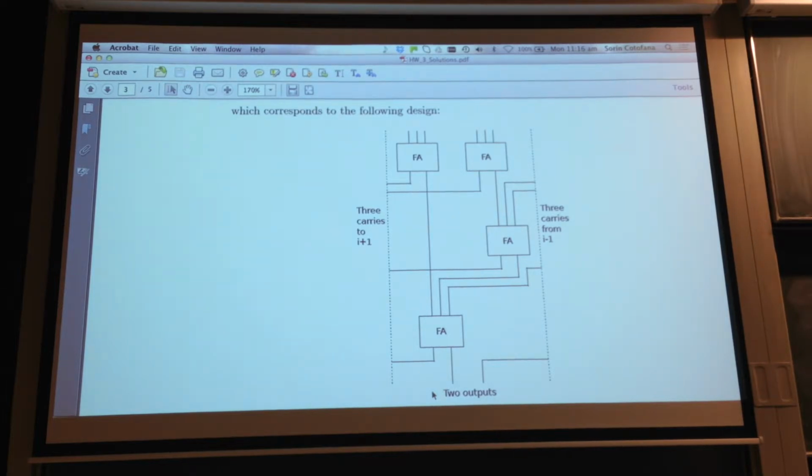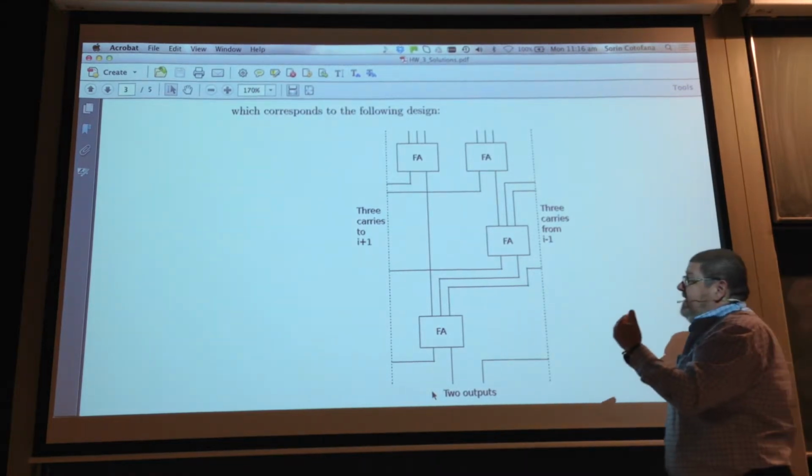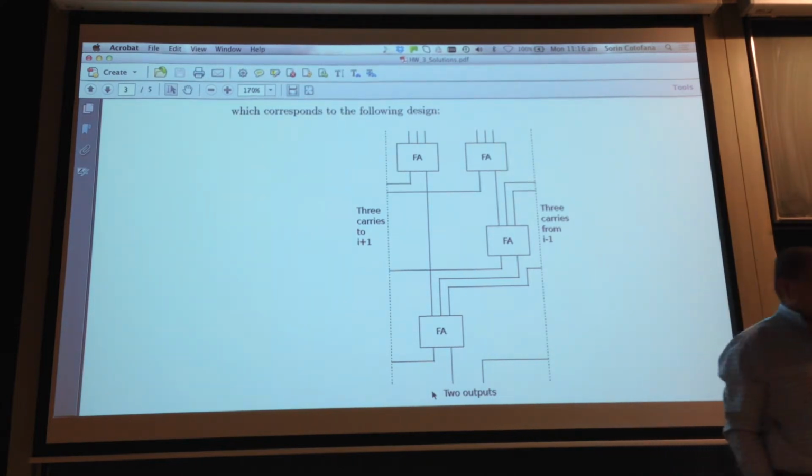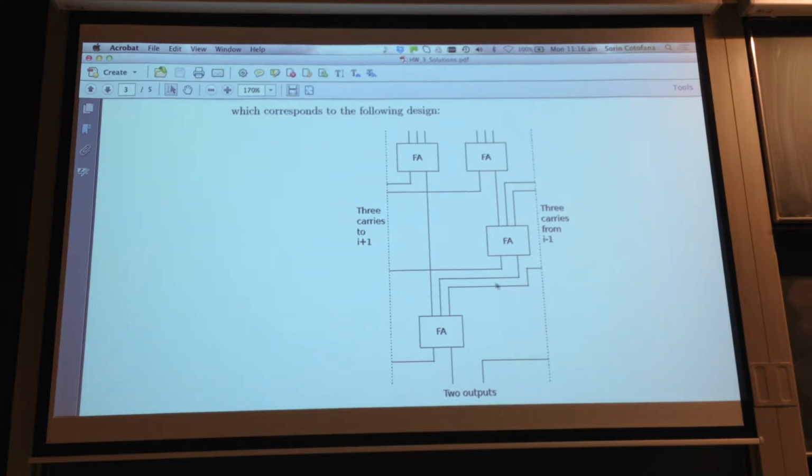Then my design has 3 levels, and I am getting carry from the neighbor in such a way that I can use them in the right moment. I can use them in time. If those carries would come, let's say, at this moment, they would create a problem for me. But because they are coming at this level from this, then I hide the delay.